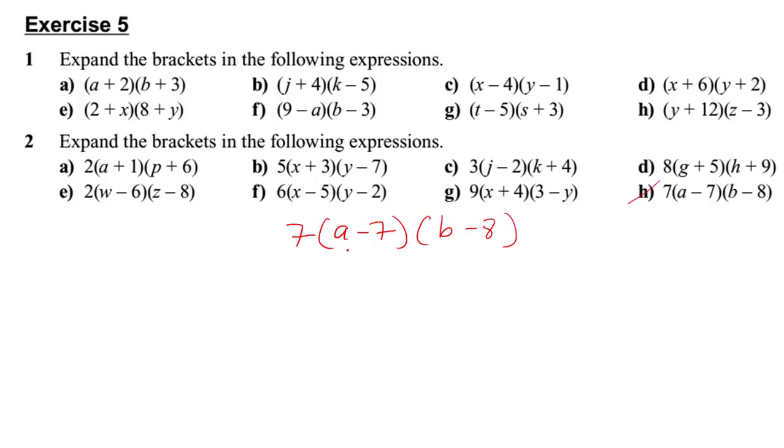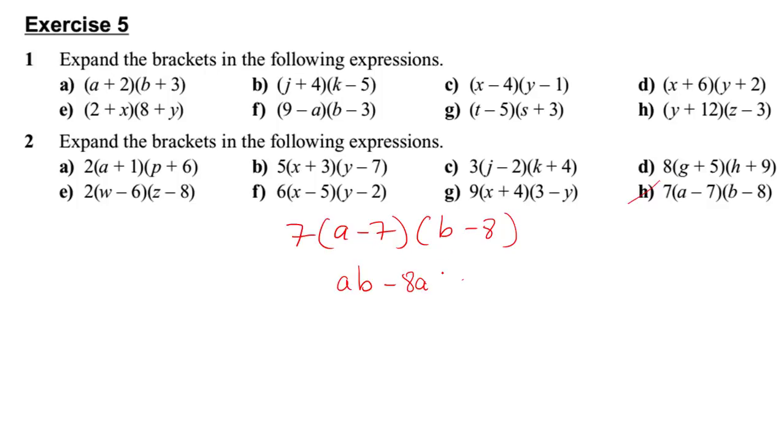Okay. So, right, the first thing you need to do, ignore the 7, do a times by b, which is ab. Then you do a times by 8, which is 8a, but remember there is minus. Okay, so there's that minus there. Now we've done a, now we're going to do this 7 here, but this is negative.